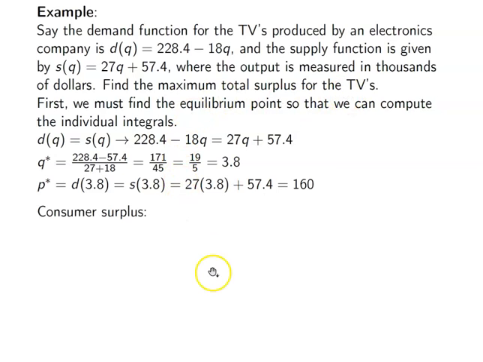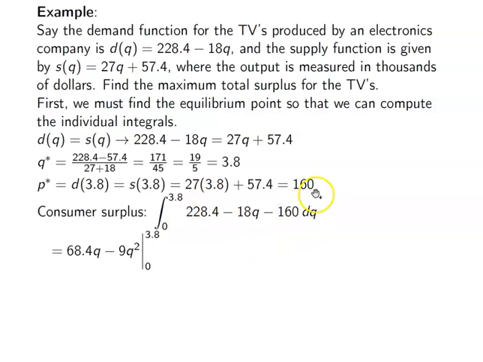So my consumer surplus is the integral from 0 to Q star, 3.8, of the demand function minus P star. So my demand function 228.4 minus 18Q, minus my equilibrium price.